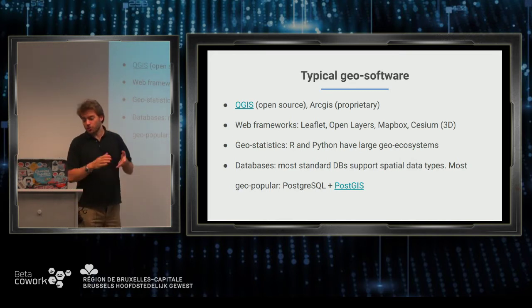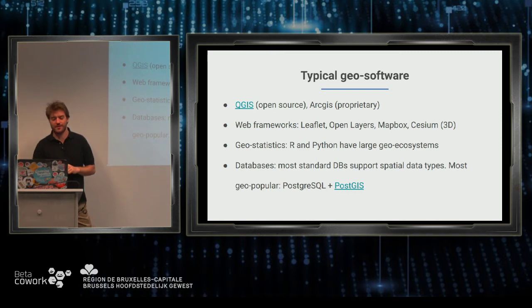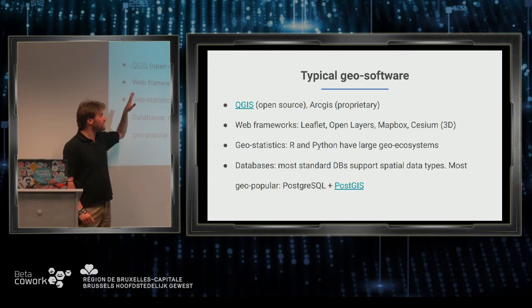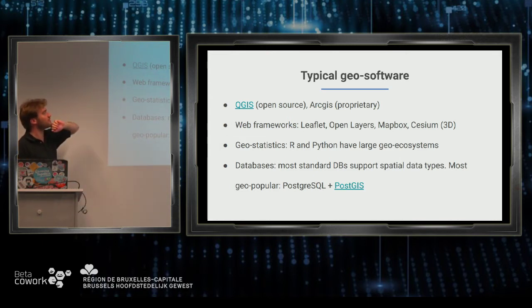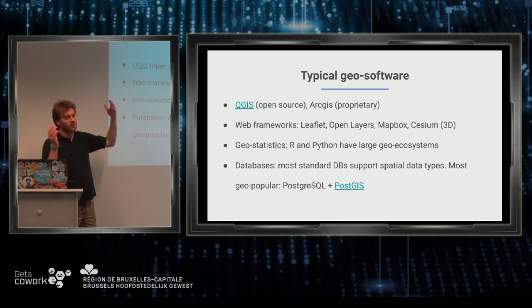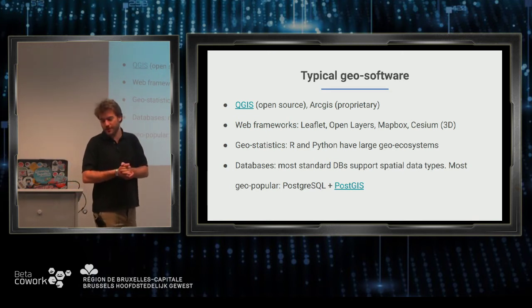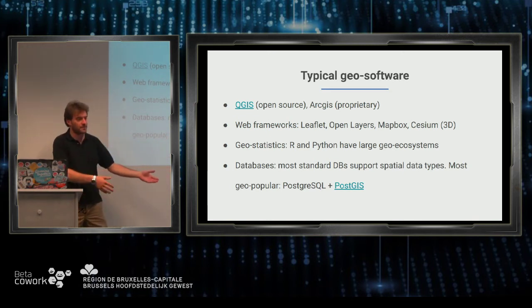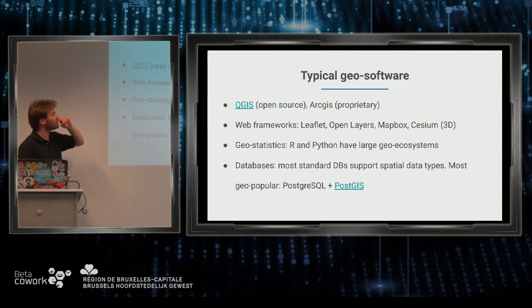So here's a short, or not so short, list of open source software that typically deal with geodata. QGIS is an open source software which does the most usual things you can do: manipulate maps, shapes, addresses, and so on.